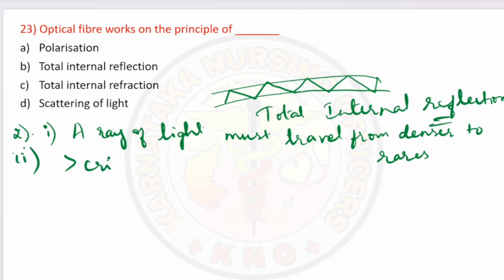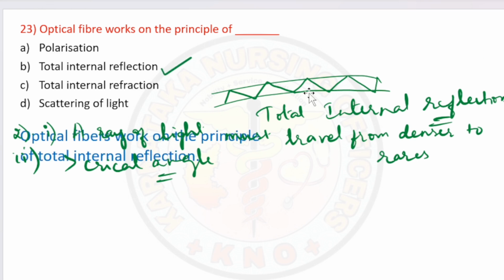These two conditions must be satisfied for total internal reflection to happen. This is not actually needed; I am telling this for extra information. So optical fiber works on the principle of total internal reflection. Option B is the correct answer. Okay. So next question.